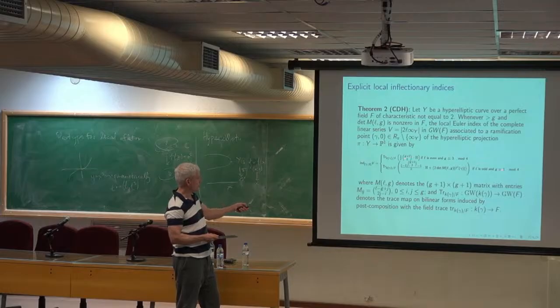There's some numerology going on here that I don't really want to explain, but there are also these field traces that show up. What this means is that these traces refer to a trace map at the level of Grothendieck-Witt groups that's induced by post-composition from a field trace, in the sense of what we talked about earlier.